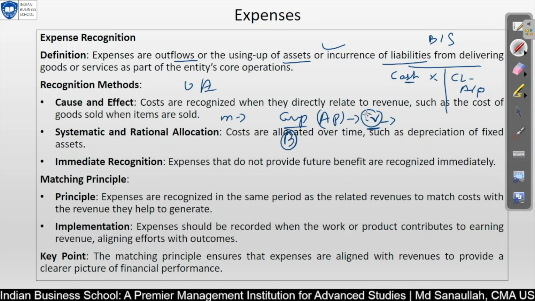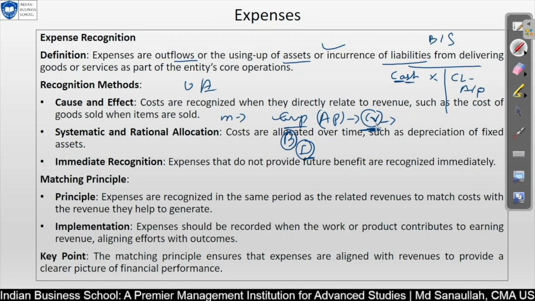So when you have created your liability, or maybe you have purchased some asset, in future you are going to get the benefit. But ultimately either you have booked the expense or you are going to get the benefit in future, and for that you are creating a liability. To meet this liability, again you have to reduce your current asset. So that is the definition of expense.